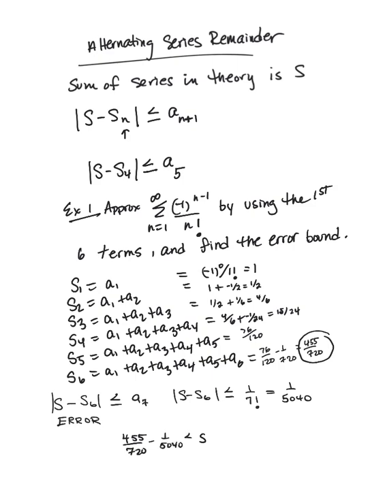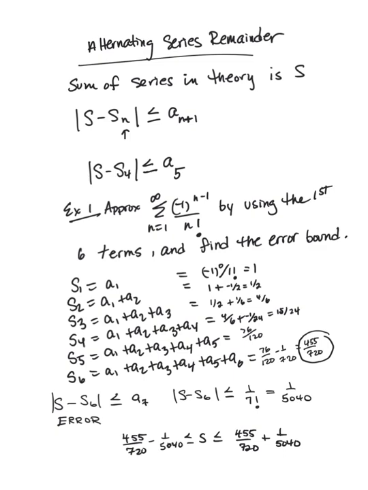Our true sum, which we're not going to figure out, must be bounded between 455 over 720 minus 1 over 5040 and 455 over 720 plus 1 over 5040. And that is the error bound.